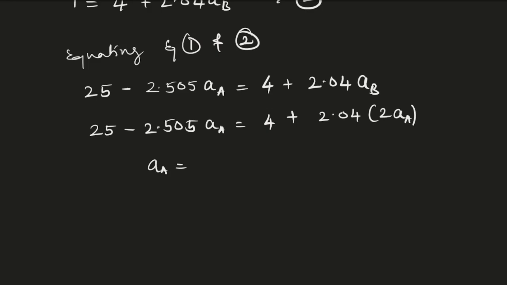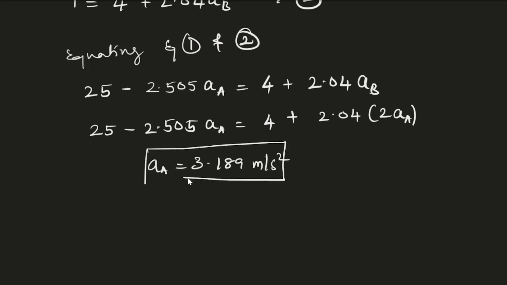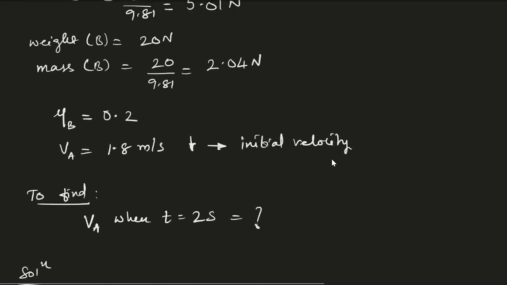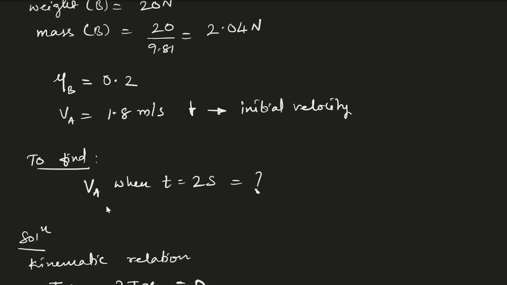The acceleration of block A is 3.189 meter per second square. This is the acceleration of block A, going in the downward direction. Now we are supposed to find the velocity of block A when time equals 2 seconds.